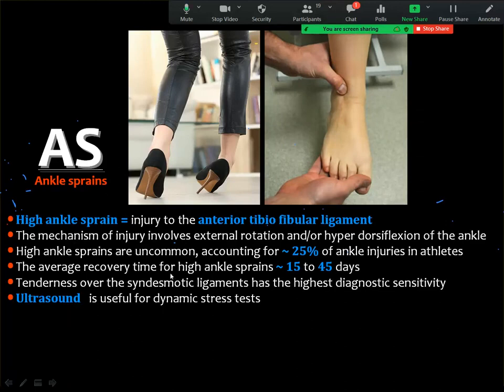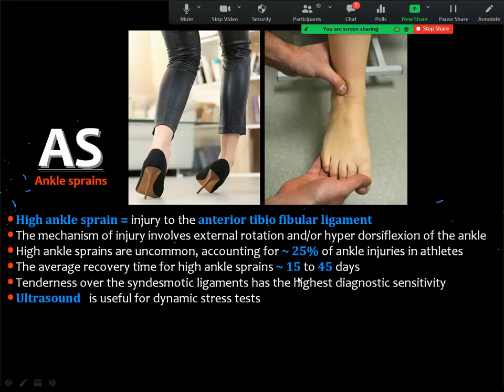High ankle sprain is an injury to the anterior tibiofibular ligament, and the mechanism of injury involves external rotation and hyperdorsiflexion of the ankle. This is a frequent injury in athletes, and it accounts for 25% of ankle injuries in athletic people.